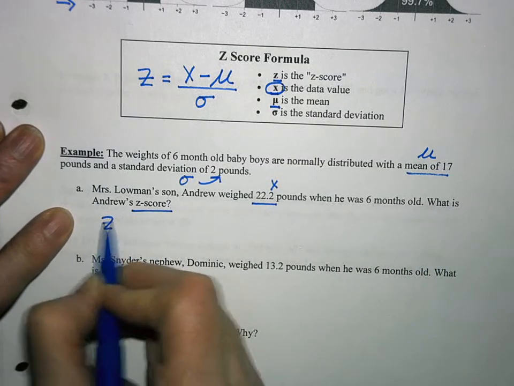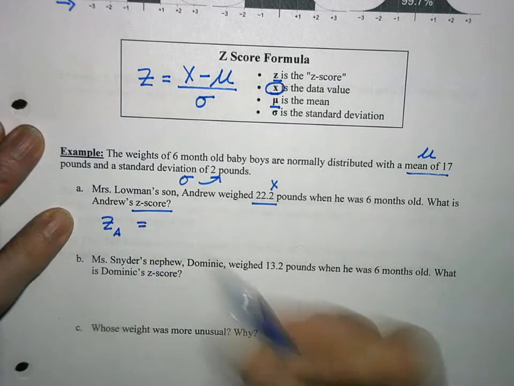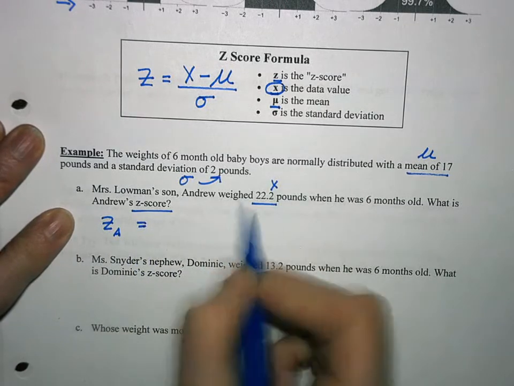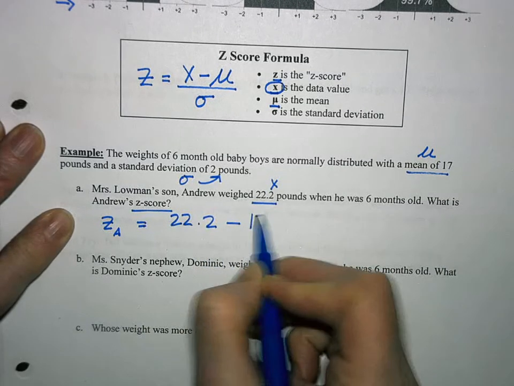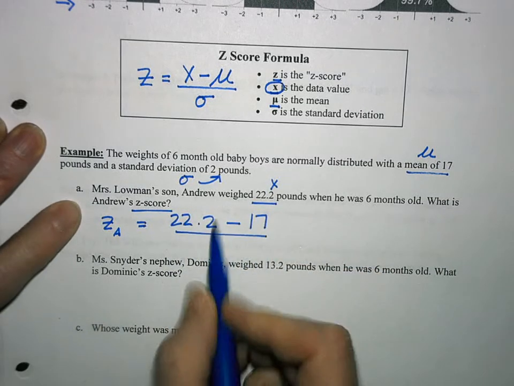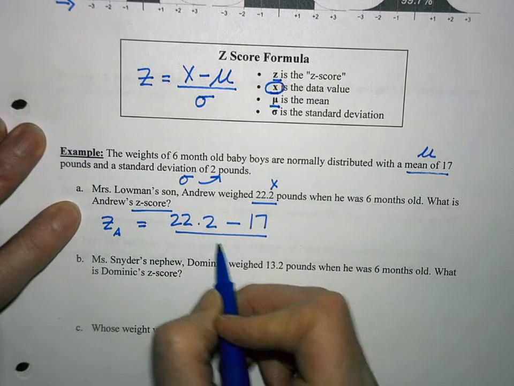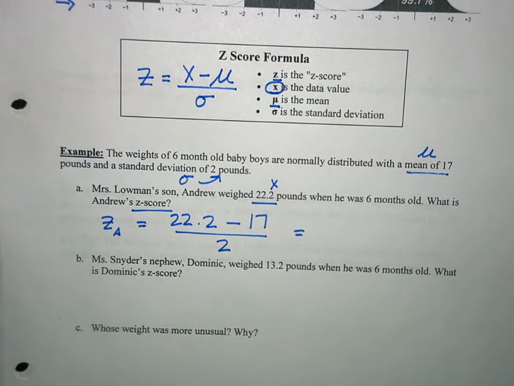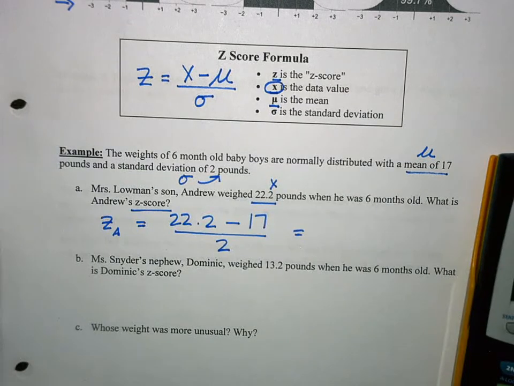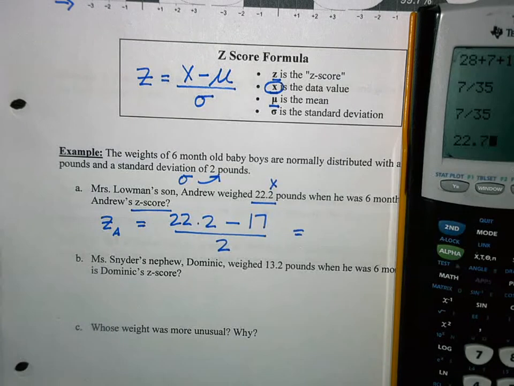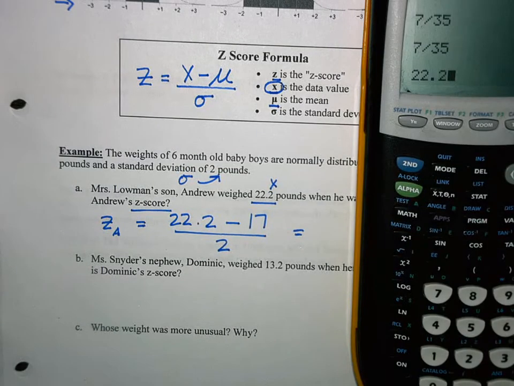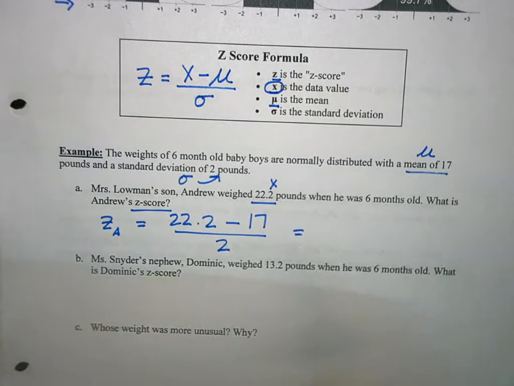So we're going to write the z-score for Andrew equals his weight, 22.2, minus the mean of 17 divided by the standard deviation, which we've said is 2 pounds. So we're going to use our calculator to work that out, 22.2 minus 17 divided by 2. And we're going to get a z-score of 2.6.